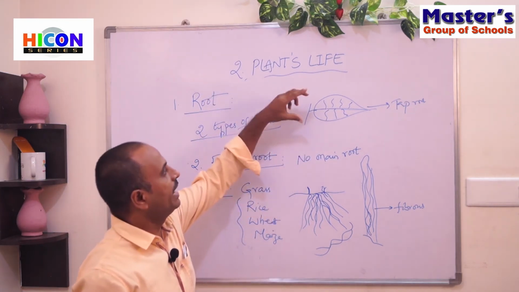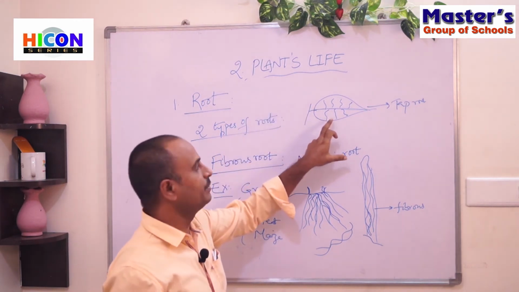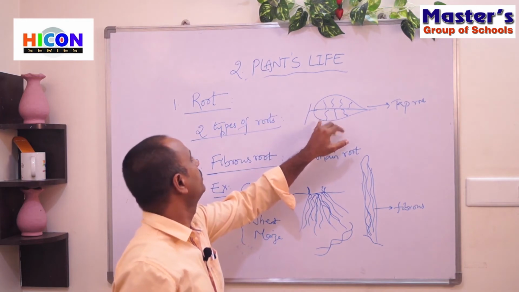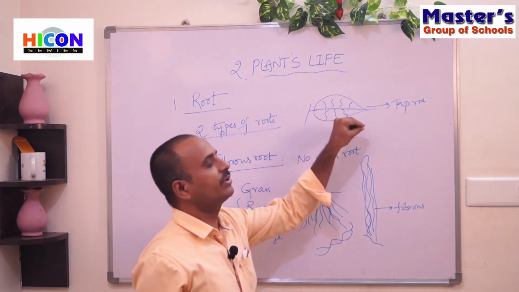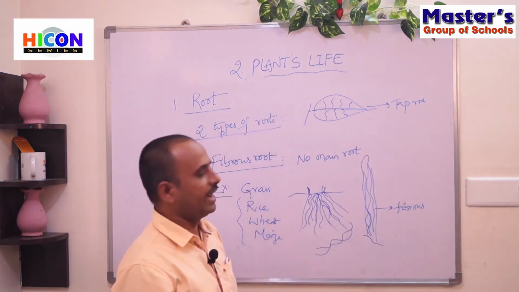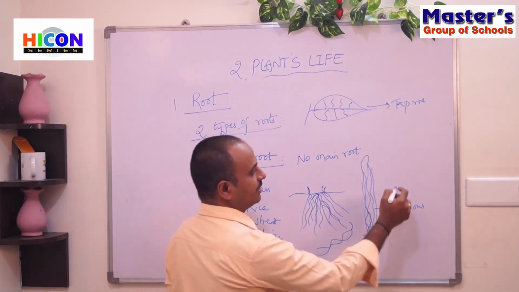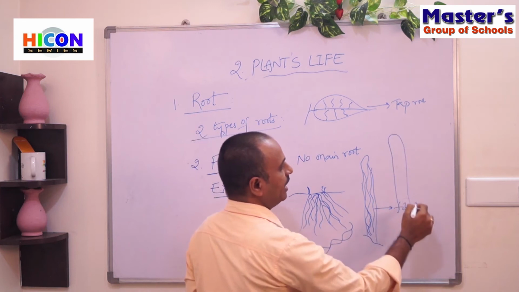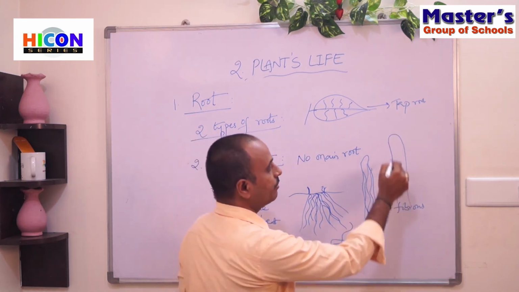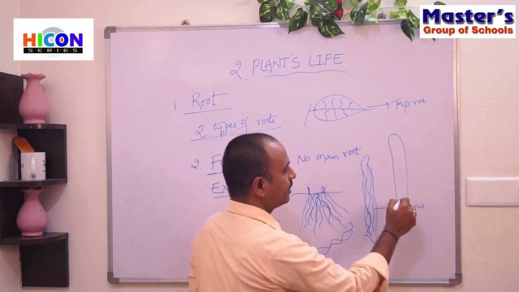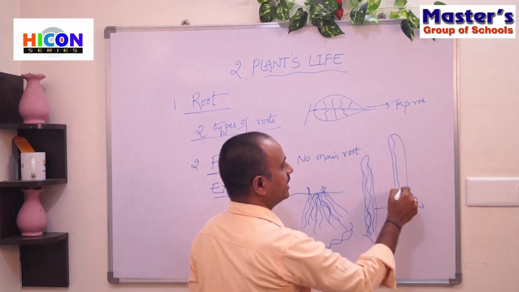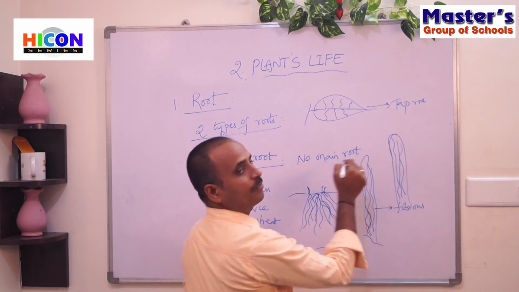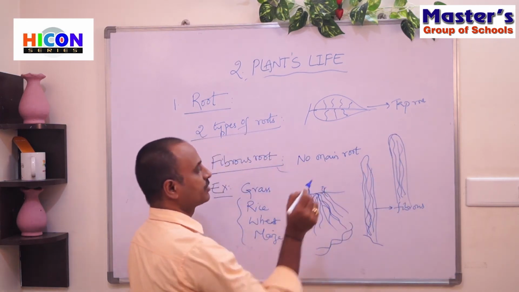If any plant has leaves like this, that means a midrib and side veins, then that plant will definitely have tap roots. If any plant has leaves like this, the narrow long leaves, and there is no midrib, and it contains all side veins along its leaf, then this type of plant will have fibrous roots.